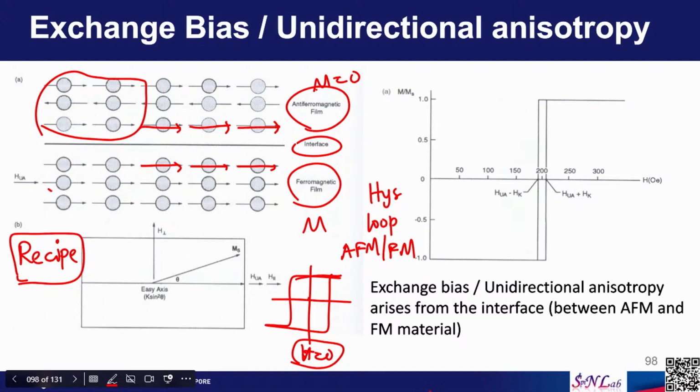So this is the center of the hysteresis loop, and this is the H equal to 0 axis. Okay, so this is negative H, this is positive H, 0 is here. So you see that the center of the hysteresis loop has shifted by a certain field.